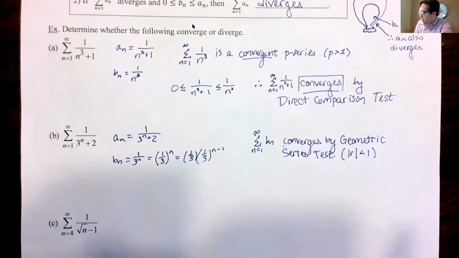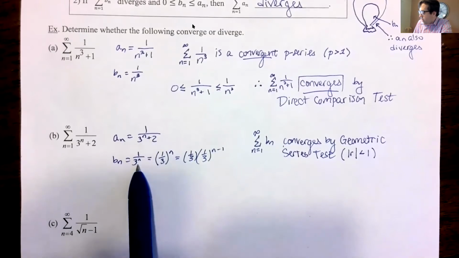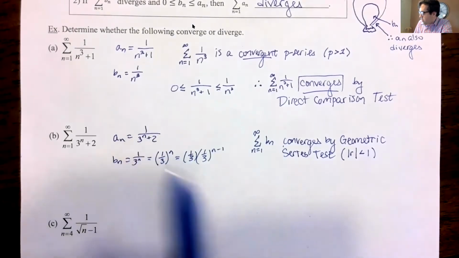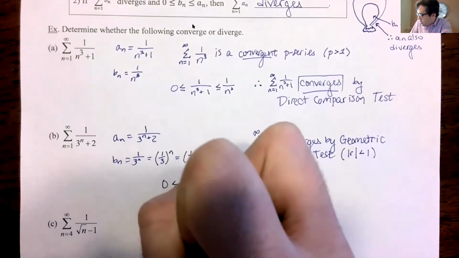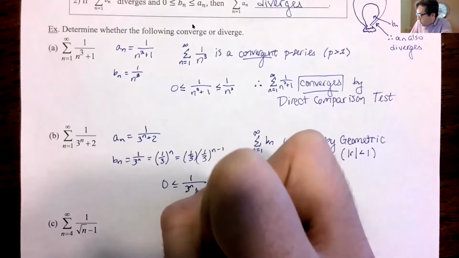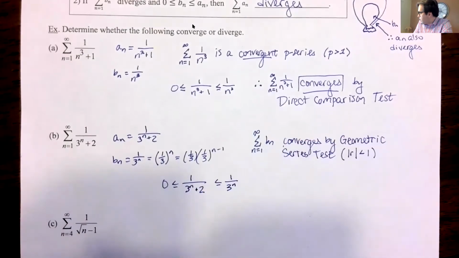Okay? And then let's now see, how can I relate these two? Well, plus 2 means this denominator is going to be larger, so the fraction is going to be smaller. So we have 0 is less than or equal to 1 over 3 to the n plus 2 is less than or equal to 1 over 3 to the n.